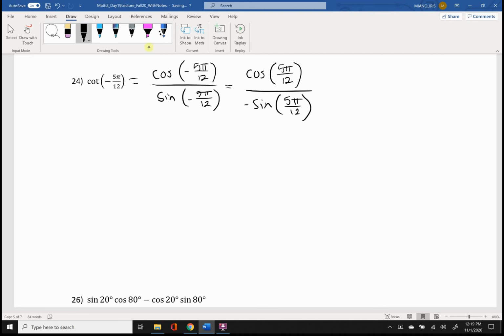Okay, here's where I think it would behoove us to do either a sum or a difference that gives us our 5 pi over 12. So I thought about this and I said, all right, what radian measures will give me a difference of 5 pi over 12?